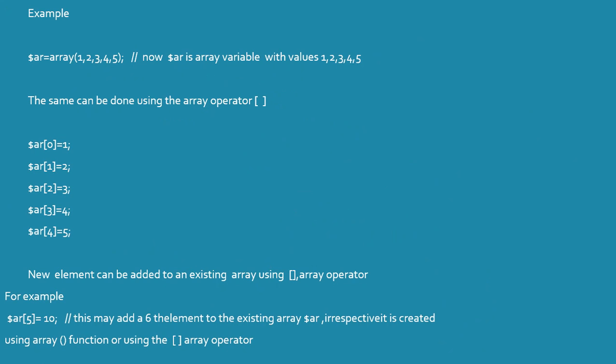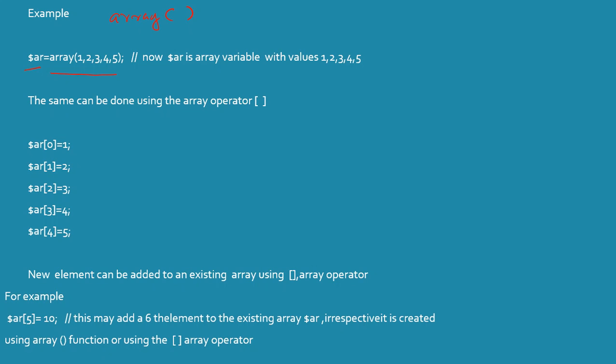Now this is an example in which an array is created using the array function. You can see that AR is a variable, and AR is made an array purely because of the presence of this array function.